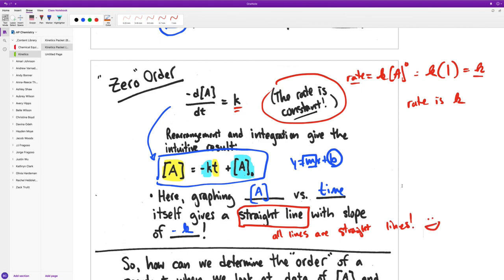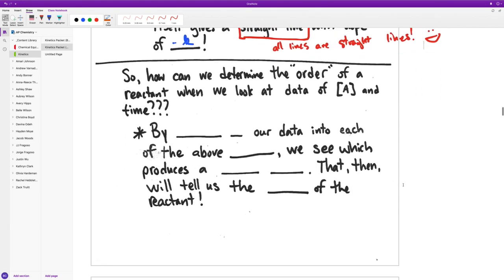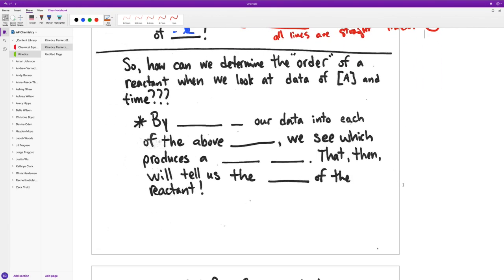All right, so finish up today's lesson. How can we determine the order of a reactant when we look at the data of A and time? By plugging in our data into each of the above equations, we see which produces a straight line.